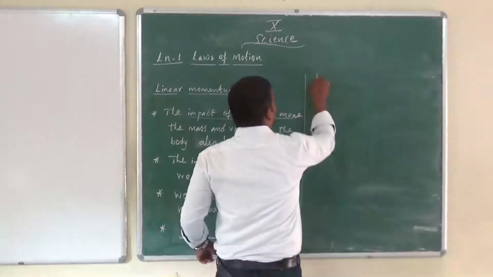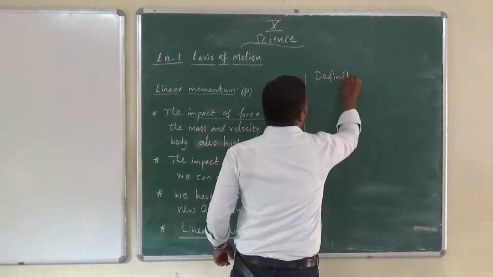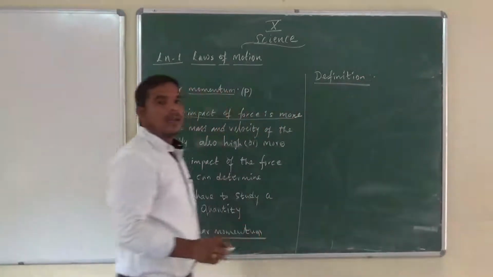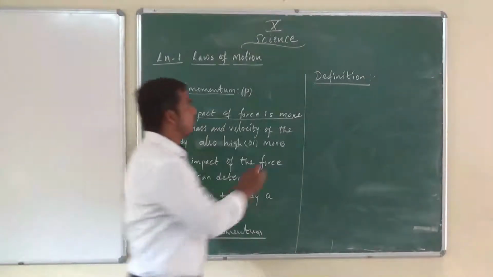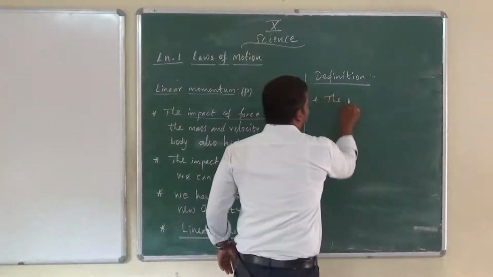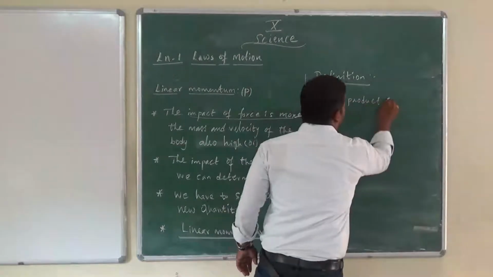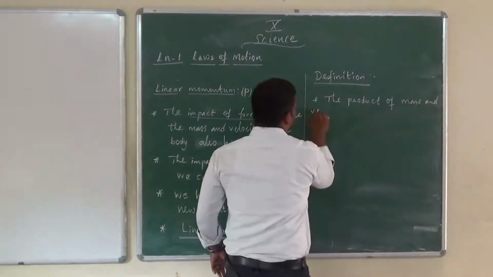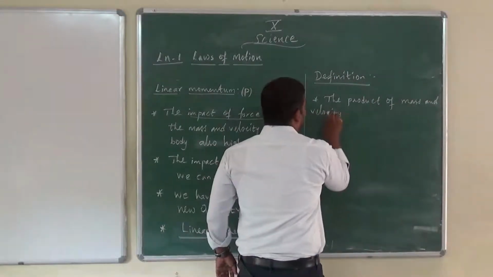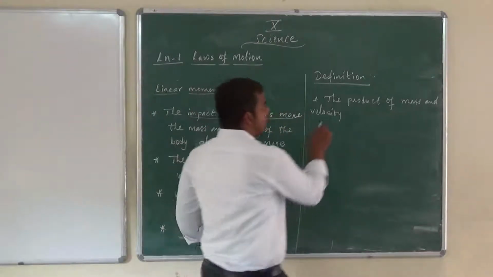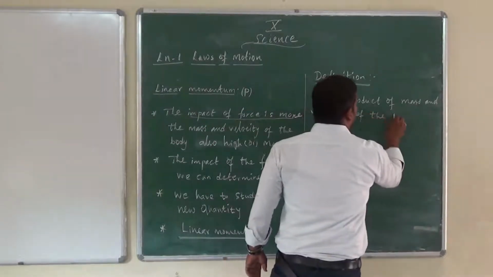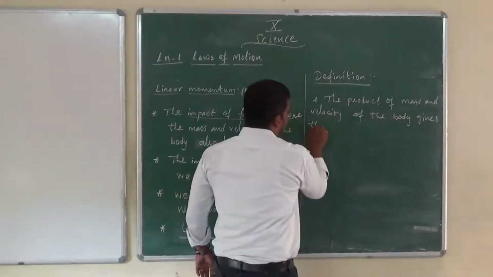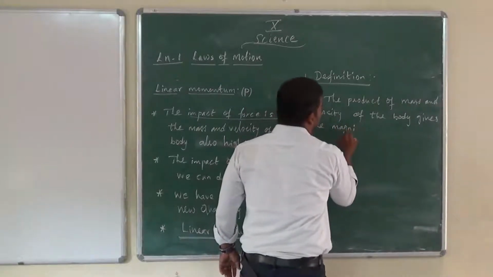So what is the definition of linear momentum? See the word, the product. The product of mass and velocity of the body gives the magnitude of, what is that?